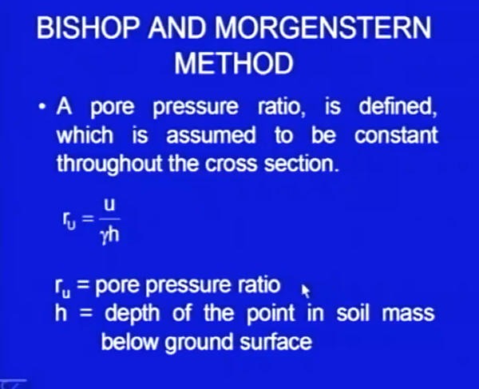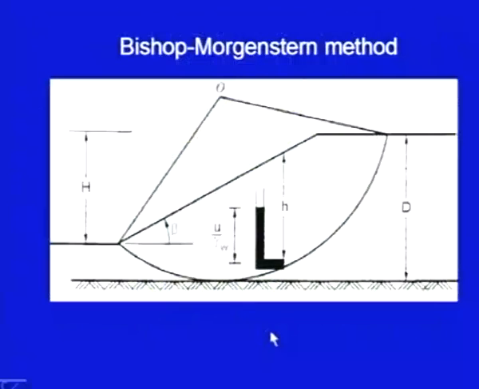Now, let me come to the next method. The method is the Bishop and Morgenstern method. In this method, a pore pressure ratio is defined which is assumed to be constant throughout the cross section. Ru is equal to u upon gamma h, where u is the pore water pressure, Ru is the pore pressure ratio, h is the depth of the point in the soil mass below the ground surface.